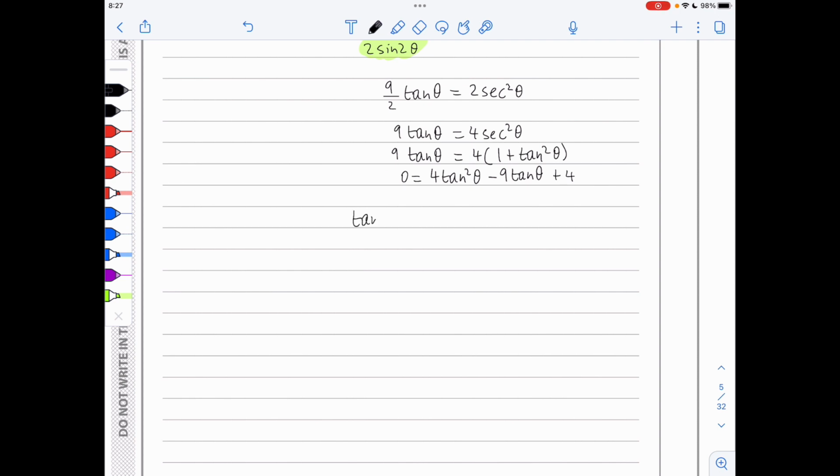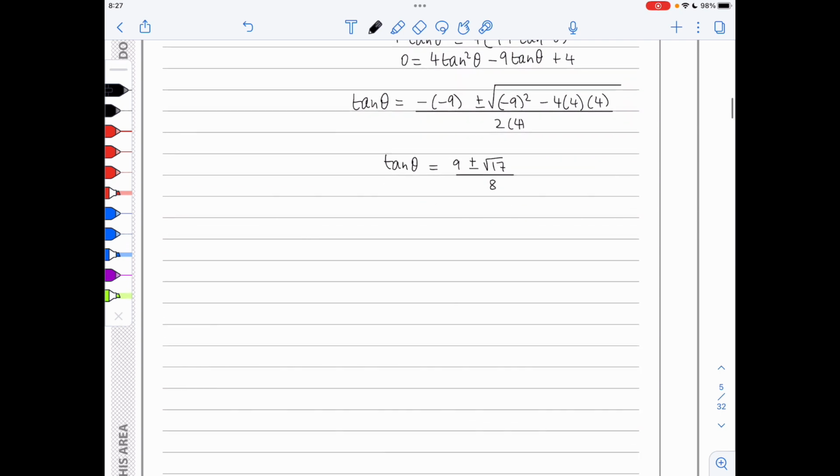So tan theta is minus b plus or minus the square root of b squared minus 4ac, all over 2a, so 2 times 4. So this is giving answers for tan theta of 9 plus or minus root 17 over 8.